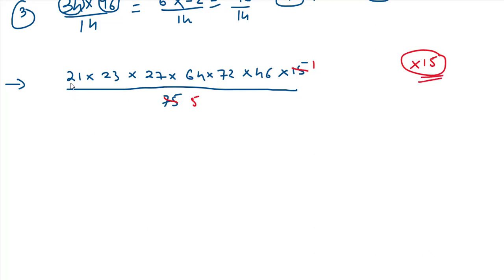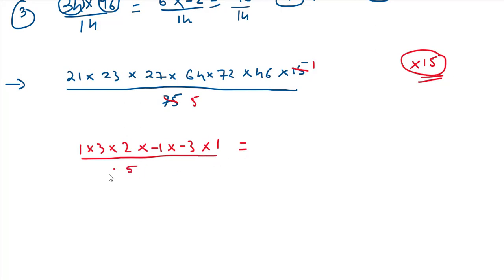Remember that. It is a very important step, don't forget that. So the remainder when 21 is divided by 5 is 1, 23 by 5 will be 3, 27 by 5 will be 2, then 64 by 5 will give us a remainder of minus 1. We are using a negative remainder here. 72 by 5 will again give a negative remainder of minus 3. 46 by 5 will give a remainder of 1. So this whole thing we'll have to take and then divide it by 5.